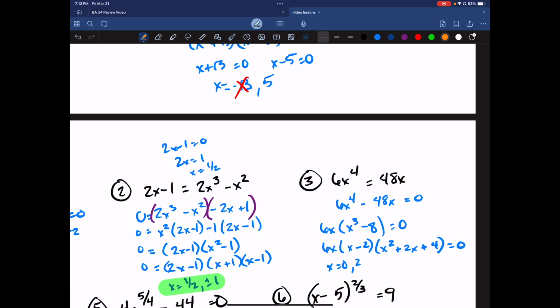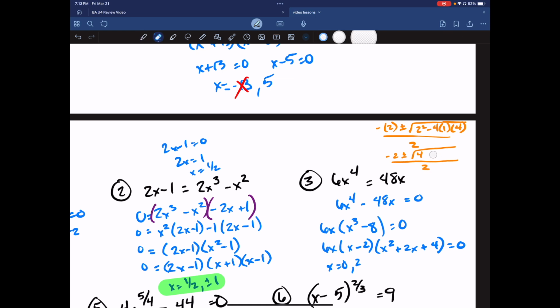That's going to be negative 2 plus or minus the square root of 2 squared minus 4 times 1 times 4, all over 2. Okay, so that's going to be negative 2 plus or minus the square root of 4 minus 16, over 2.